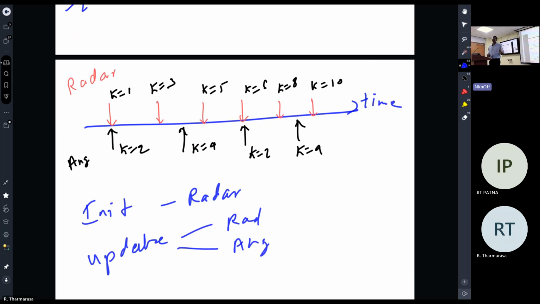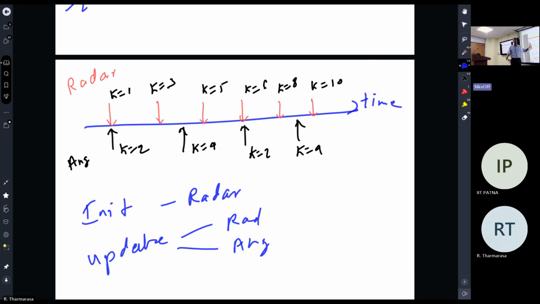One simple solution. Because with angle only, you can't initialize track with a single angle only sensor. Right? So what we do is we initialize the track only with the radar, and the angle only sensor helps to update the state. Okay. So this is what we can do.